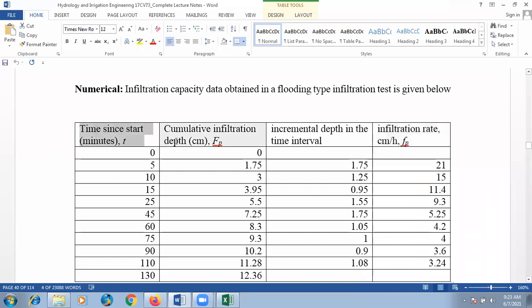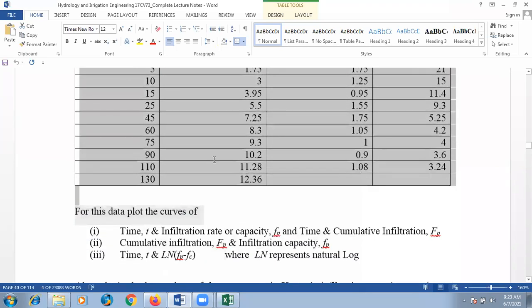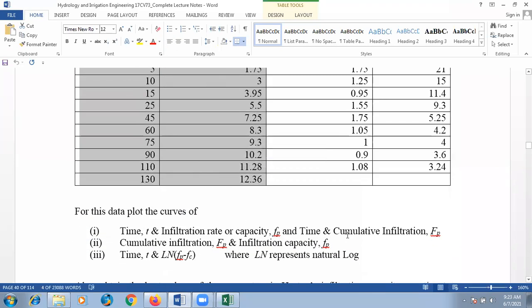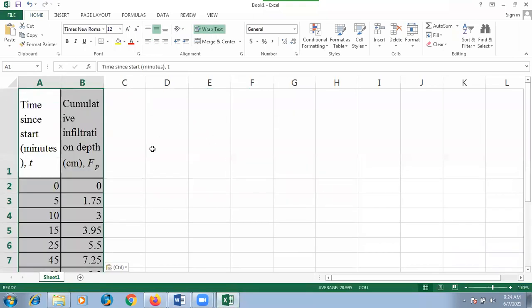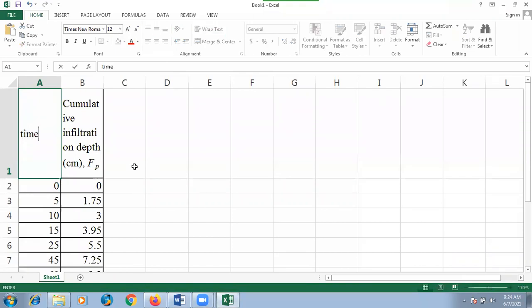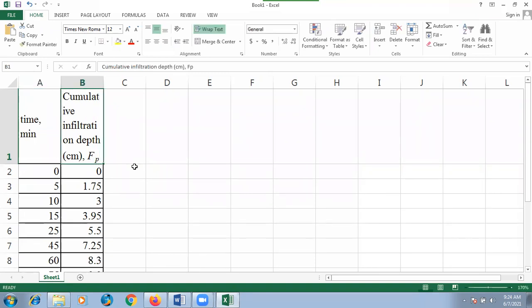Now, to take care of this example, I will take the initial data as it is. I will copy it onto an Excel sheet. You have to do it in the examination using graph sheet. So time, I will just say time in minutes. Then for this one, cumulative infiltration depth, that is just uppercase FP.